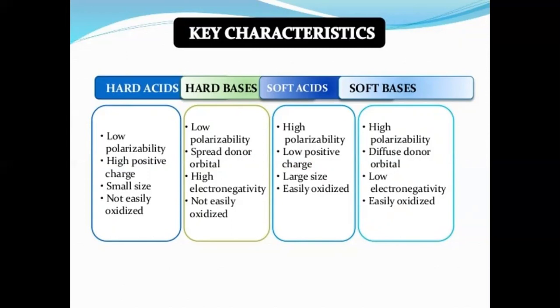Fluoride ion, water, NH3, NR3, etc. These have low polarizability and great tendency to coordinate with type A metal ions. The decreasing tendency of some ligands to form complexes with type A metal ions.